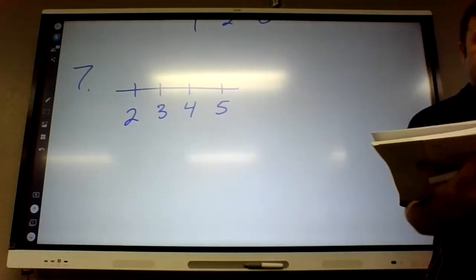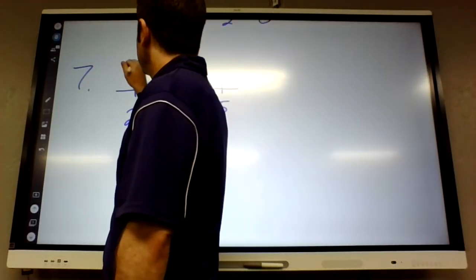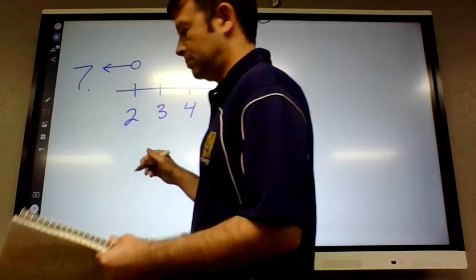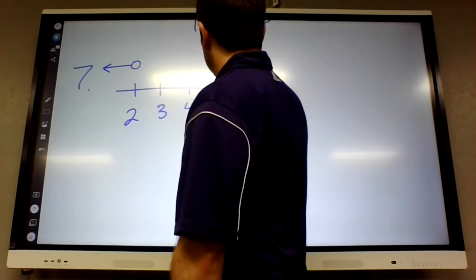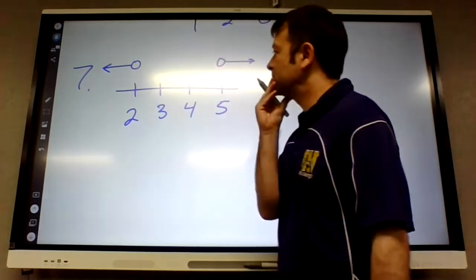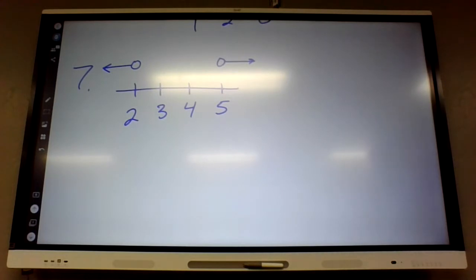All right, it says x is less than 2 or x is greater than 5. Okay. So what will we use for our solution? Two lines going opposite directions.